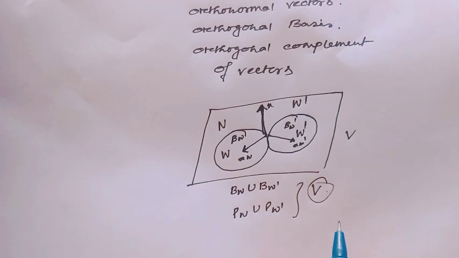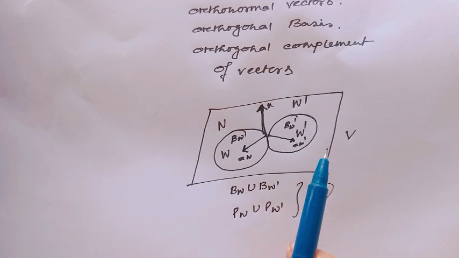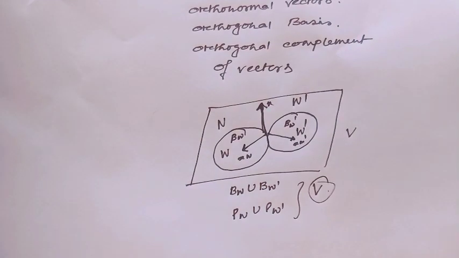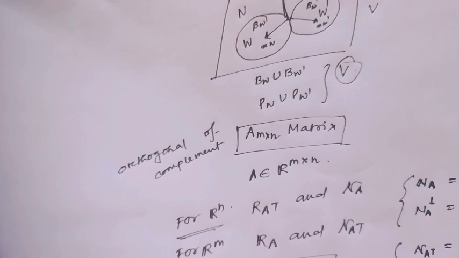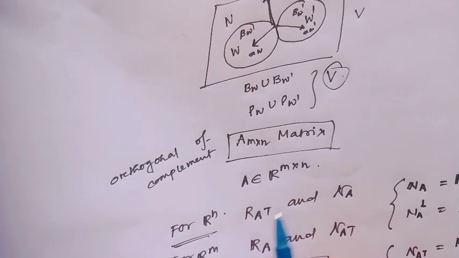Also, the basis of W union the basis of W perp would be an orthogonal basis of the vector space V. I had seen in my earlier video that any arbitrary vector is made by this subspace and the orthogonal complement of this subspace. Are you getting? I had also seen the orthogonal complements for an M cross N matrix.